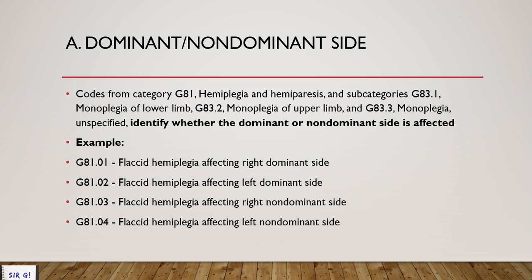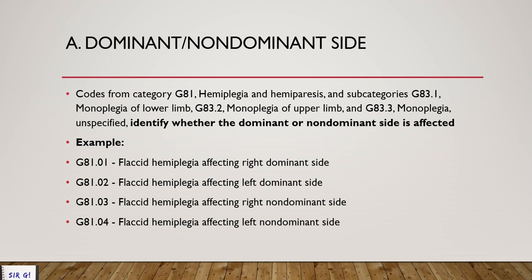Now in this first guideline, code from category G81, hemiplegia and hemiparesis, and subcategories G83.1, monoplegia of the lower limb, G83.2, monoplegia of the upper limb, G83.3, monoplegia of unspecified, either the upper or the lower. Identify whether the dominant or non-dominant side is affected.